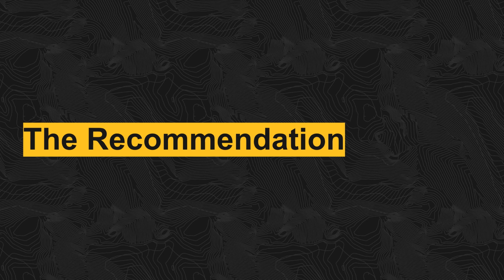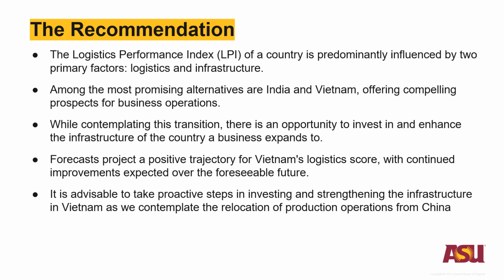So finally, our team's recommendation. The LPI of a country is predominantly influenced by two primary factors, logistics and infrastructure. Among all alternative countries, the most promising alternatives are India and Vietnam. While contemplating this transition, there is an opportunity to invest in and enhance the infrastructure of the country a business expands to.